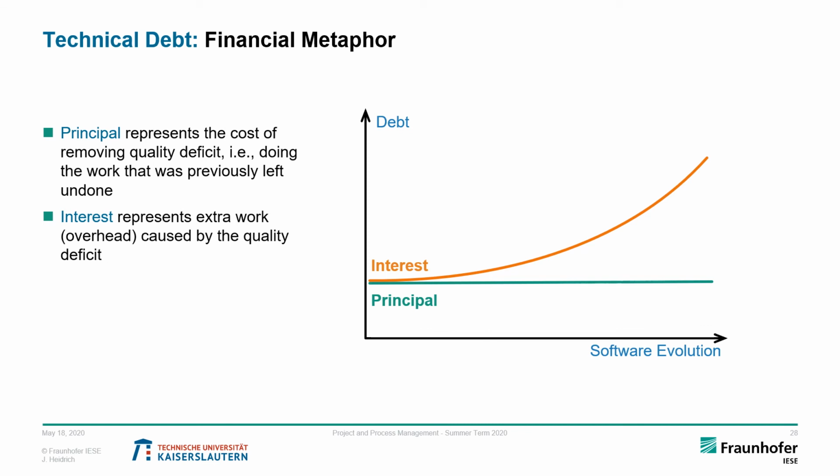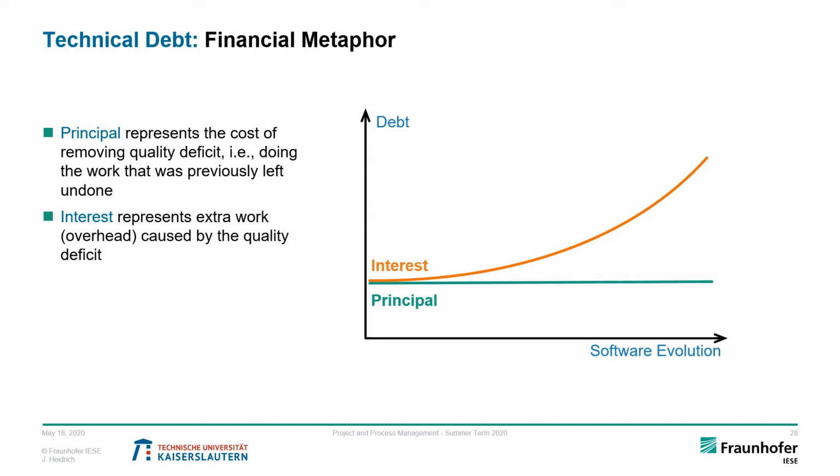And technical debt is a term which basically can be split down into two different concepts. On the one hand side, the principal that represents the cost of removing a quality issue, so basically trying to repair what was not developed in a maintainable way in the past.